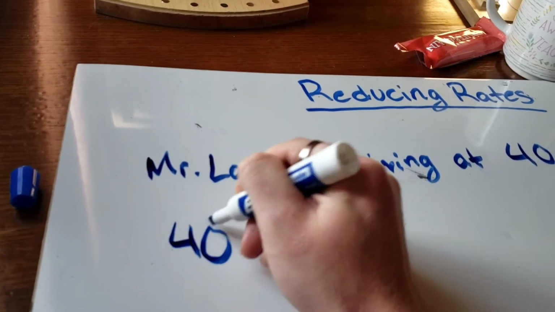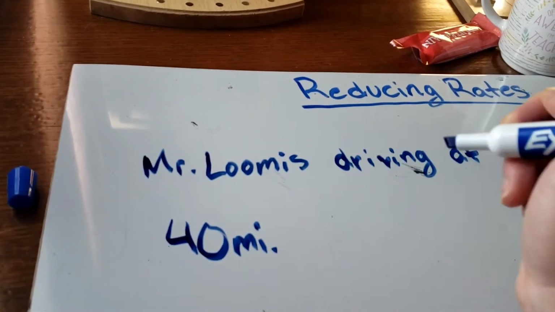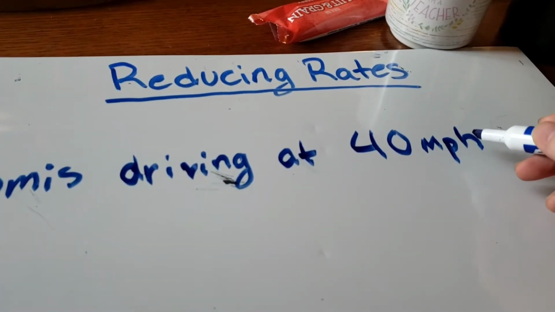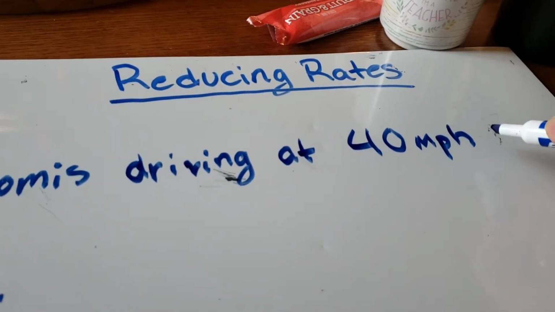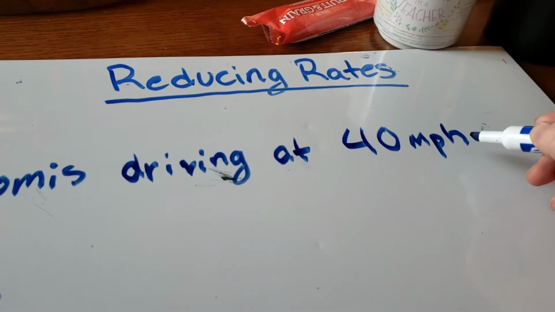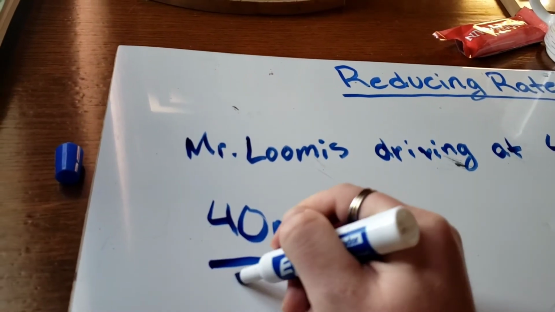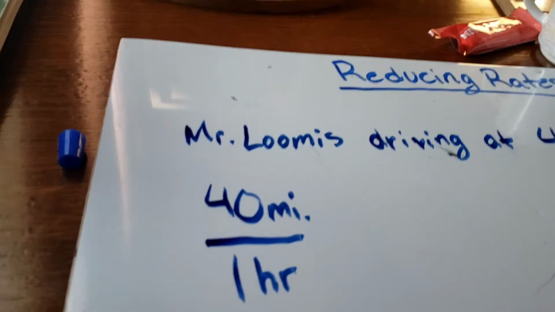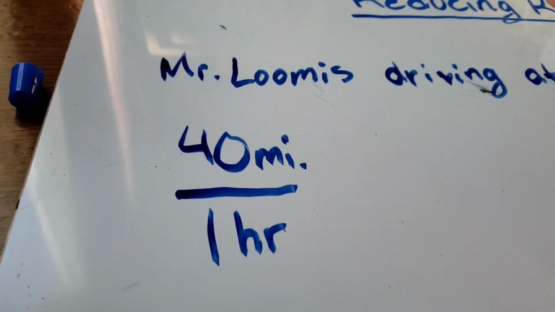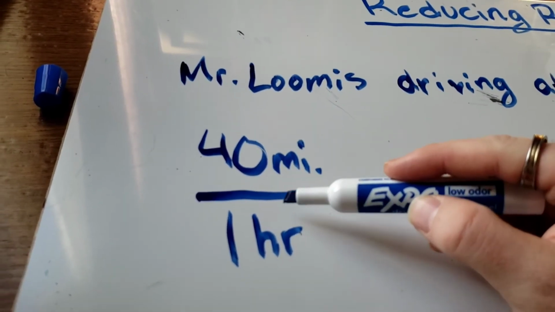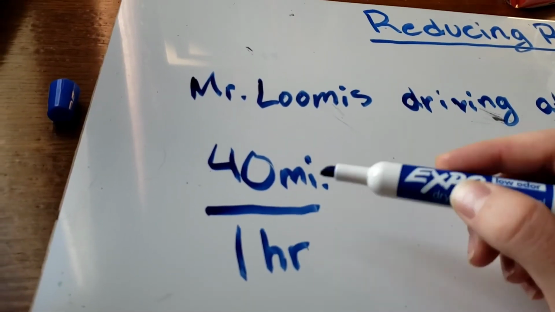So we'd have 40 miles as the numerator of our fraction. And the units after our per are the denominator. So there is no number attached to this hour right here, so we assume that it is just per 1 hour. So setting up 40 miles per hour as a fraction is 40 miles over 1 hour.